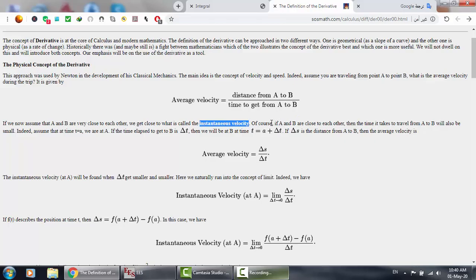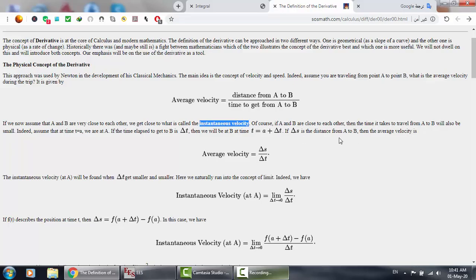Of course, if A and B are close to each other, then the time it takes to travel from A to B will also be small. Indeed, assume that at time t equal to a, we are at A. And if the time elapsed to get to B is delta t, then we will be at B at the initial time plus delta t. Okay, this makes sense.